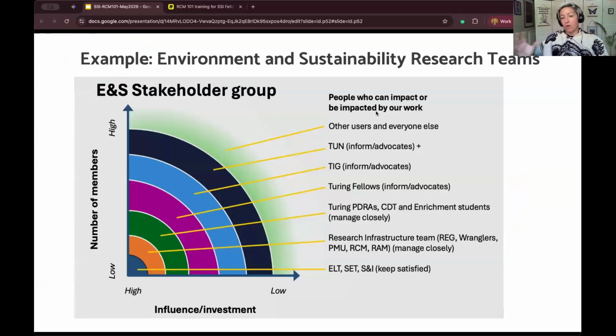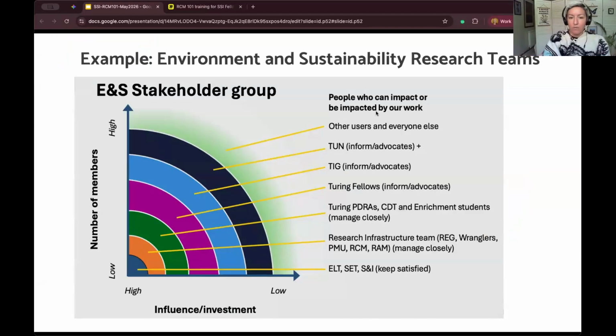This is just an example of a community that we're working with at Turing to show that there are many potential segments to your community. So here we were thinking about who has influence in the project along the x-axis, and then roughly the number of people there are in each segment.